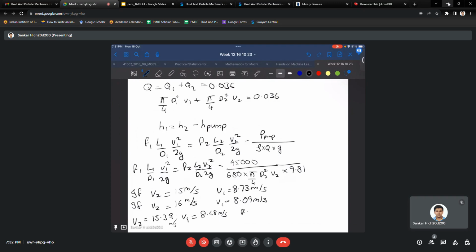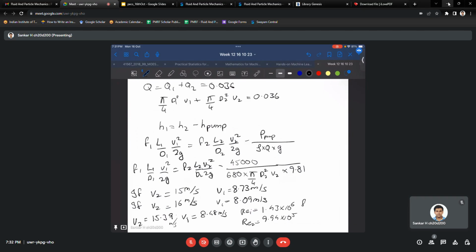Similarly, Reynolds number at 1 will be equal to 1.43 times 10 power 6. And at position 2 will be equal to 9.94 times 10 power 5.